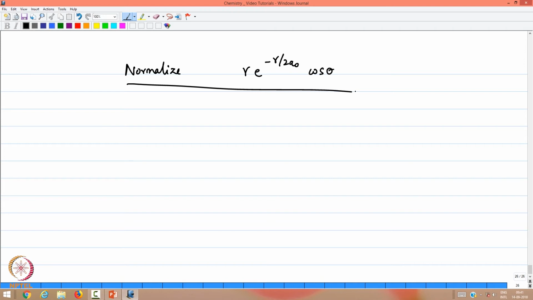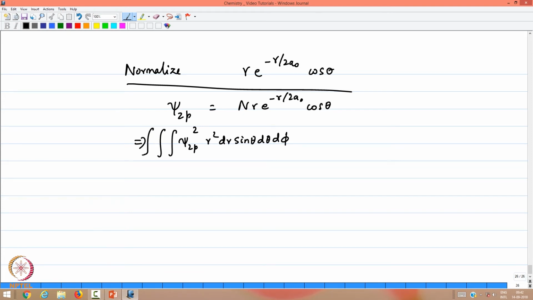So, if we call this psi 2p as n r e to the minus r by 2 a naught cos theta, then the integral psi 2p square r square dr sin theta d theta d phi, the corresponding integration with the limits.